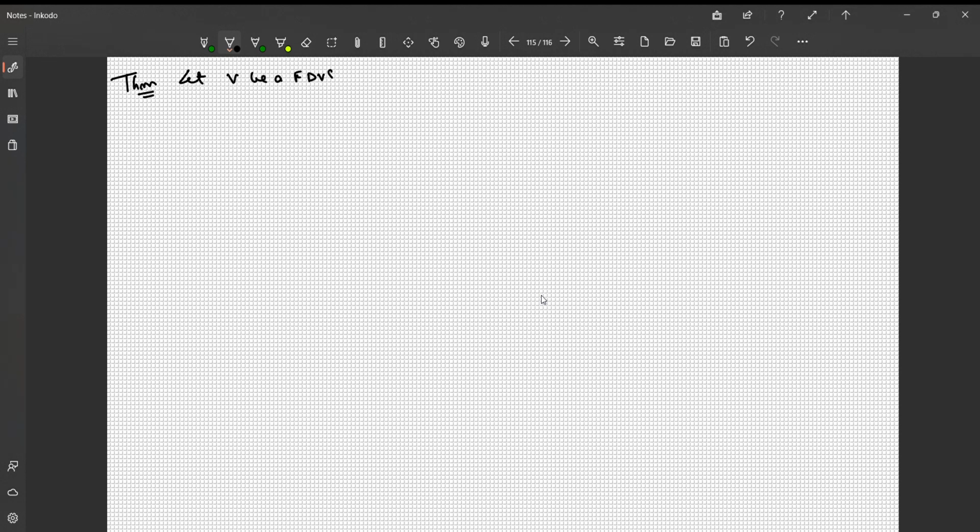So using this lemma, we come up with a characterization of triangulable operators. Okay? So we write this as a theorem. What does the theorem say?